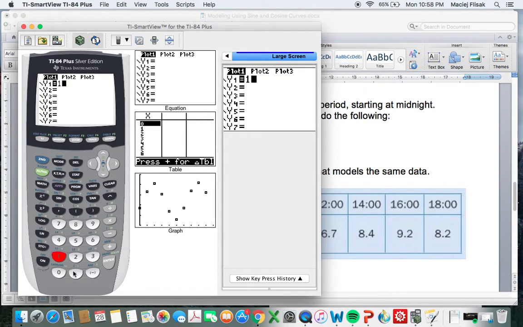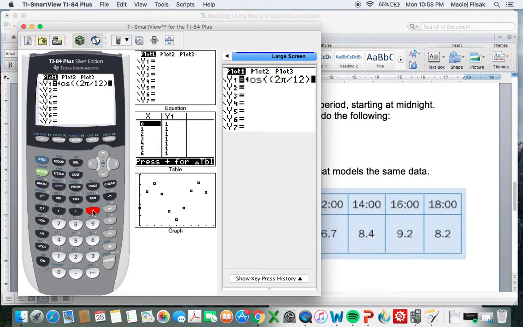So 1.8 cosine, I'm going to put a parenthesis, 2 pi divided by 12.